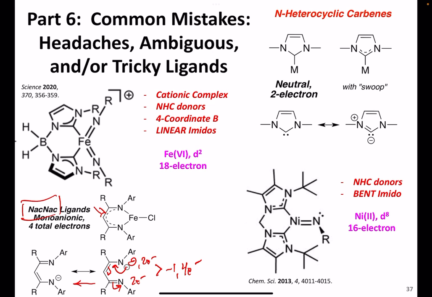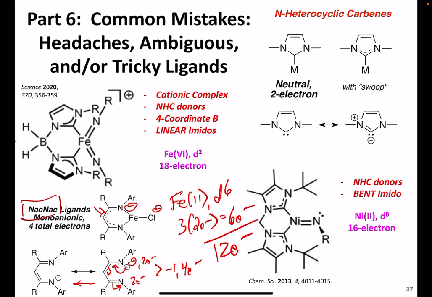Anytime you see the swoop, you have to parse through it a little bit to figure out what the actual charge and total electron count due to the ligand is. So what we know now is that one of the nitrogens is negative, the other is neutral, chloride is negative, so it must be iron 2. Iron 2 is d6. You then have 3 2 electron donors total that contribute 6 more electrons. This is a 12 electron compound.